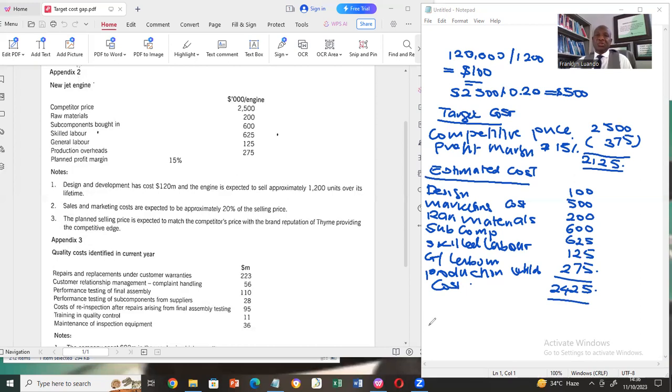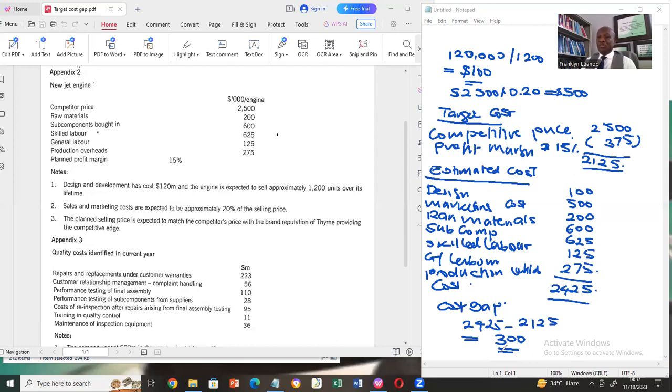Now we need to determine what is the cost gap. Cost gap is equal to estimated cost of production less the target cost. So this is equal to 300. So this company should be able to reduce this cost because the target cost to be incurred should be 2,125.